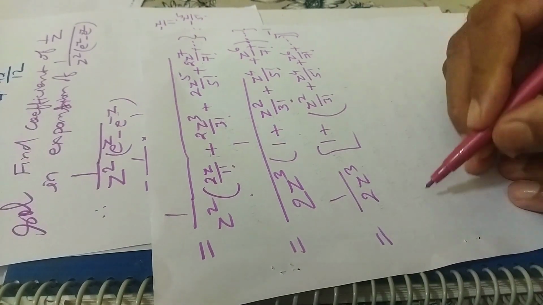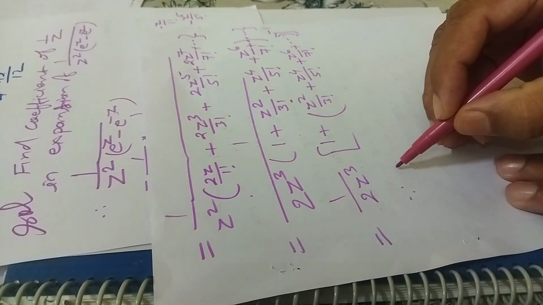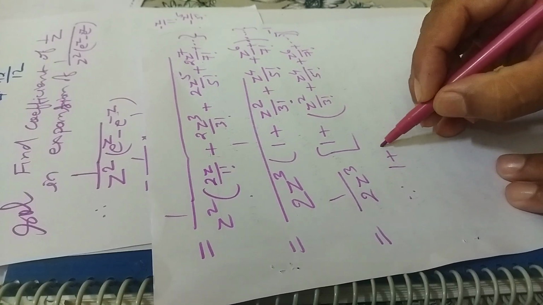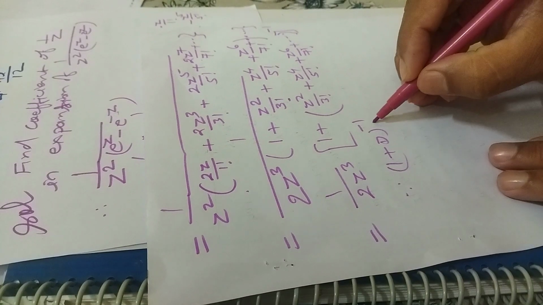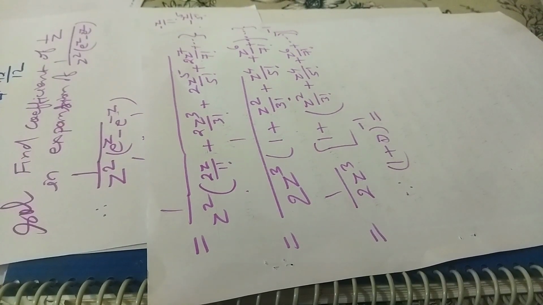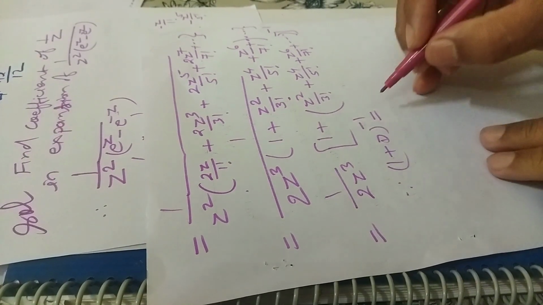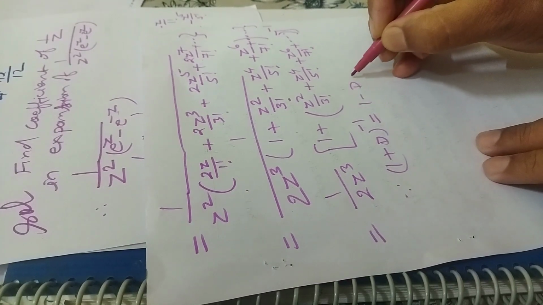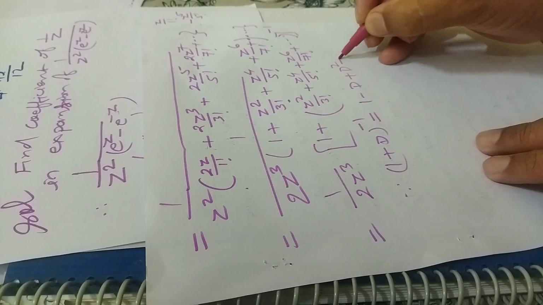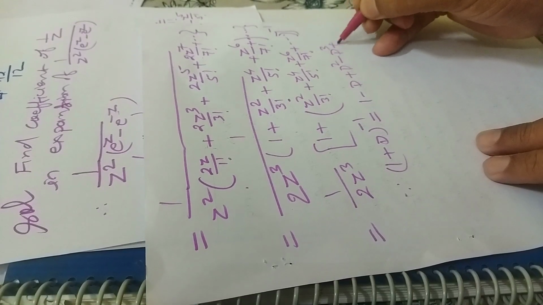That means 1 plus d, to the power minus 1, in this term. We know that this is 1 minus d plus d square minus d cube plus so on.